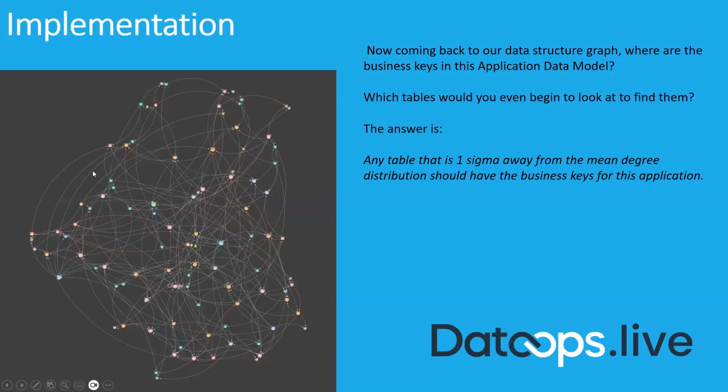Anything that has a low degree, which is the number of connections that a node has, there's a good chance it's not going to have the business keys in it. The things in the middle of the graph that have a high degree, a high number of connections, again, the probabilities increase that this is where your business keys are.